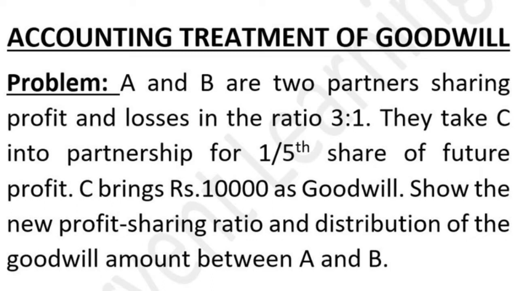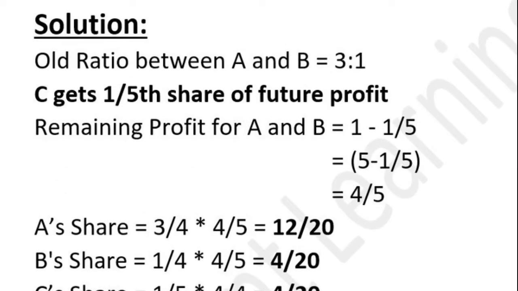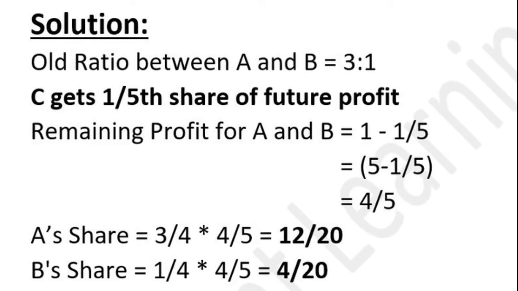We simply solve it. First we need to calculate the new profit sharing ratio. Look at the solution. Old ratio between A and B is 3:1 and C gets 1/5 share of future profit. So first we calculate remaining future profit for A and B.